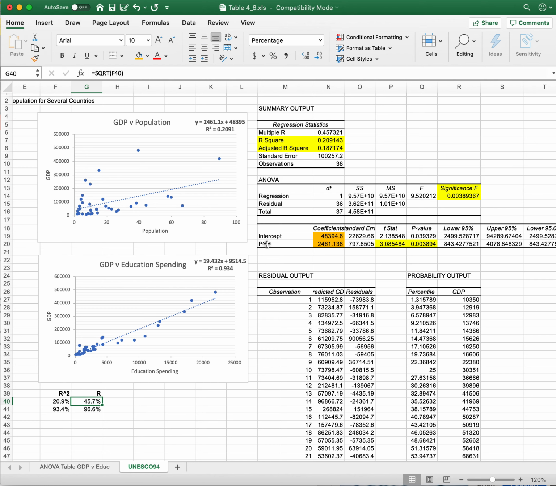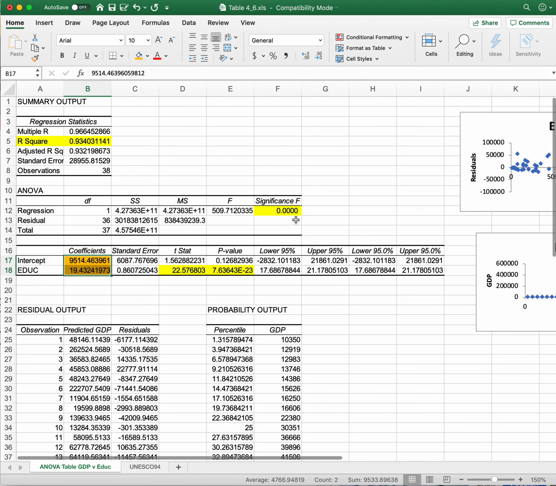In the case of the slope, it's the slope equals 0 as a null hypothesis versus slope not equal to 0 being the alternative hypothesis, we see that both models are significant at least the 0.001 level, with the population model being even more significant.